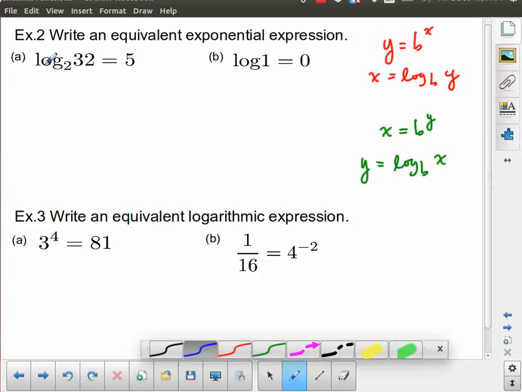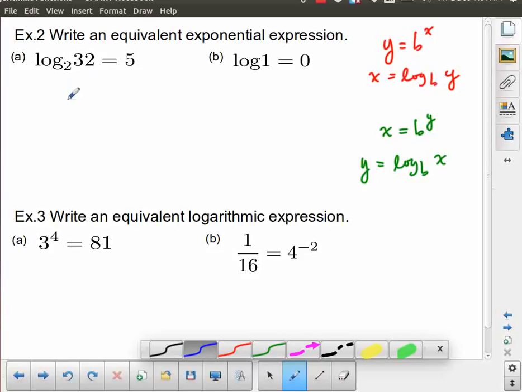Here I've got log base 2 of 32 equals 5. And this is true. I'm not trying to prove whether this is true or false. I want to write another expression that says the same thing. Since this is a logarithmic expression, I want to write this as an exponential expression. So in an exponential expression, here's my base. Log to the base b is going to become b to the something.